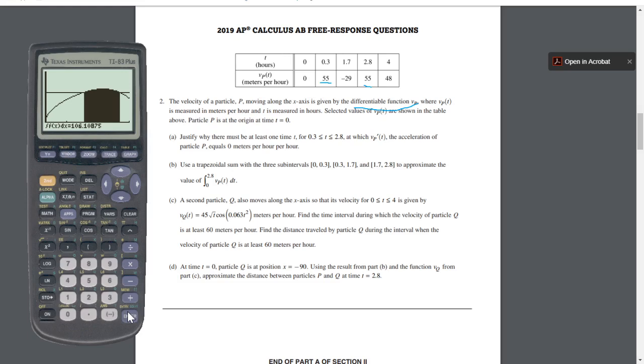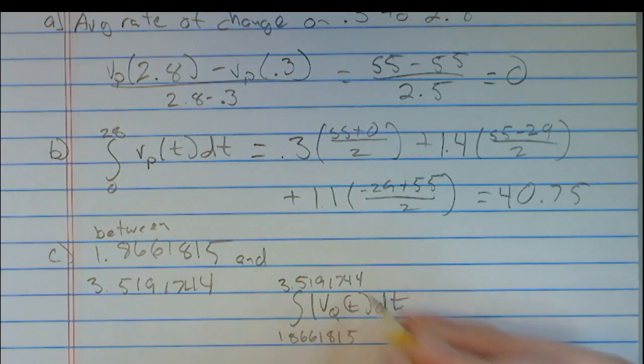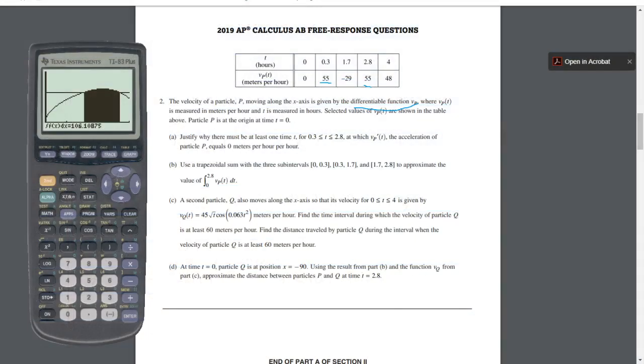So technically, what we should have done is taken the absolute value because we're interested in distance traveled, but it's all greater than 60, so we don't really care about that. Anyways, D, at time 0, particle Q is at position -90. Using the results from part B and function Q from part C, approximate the distance between particles P and Q at time 2.8.